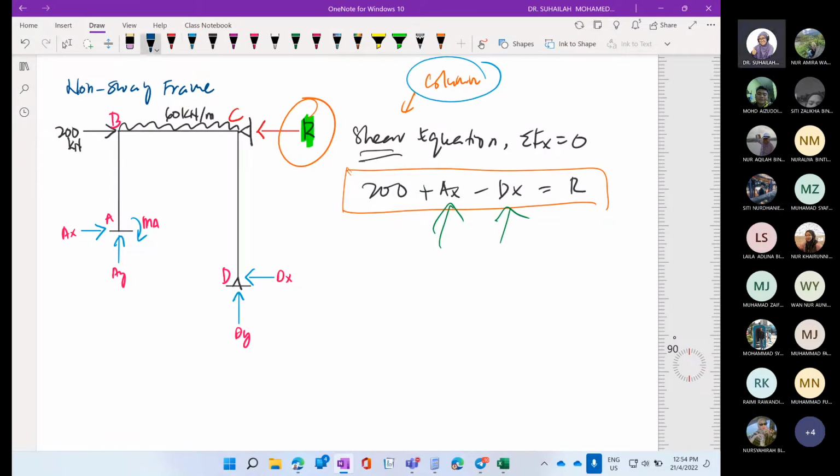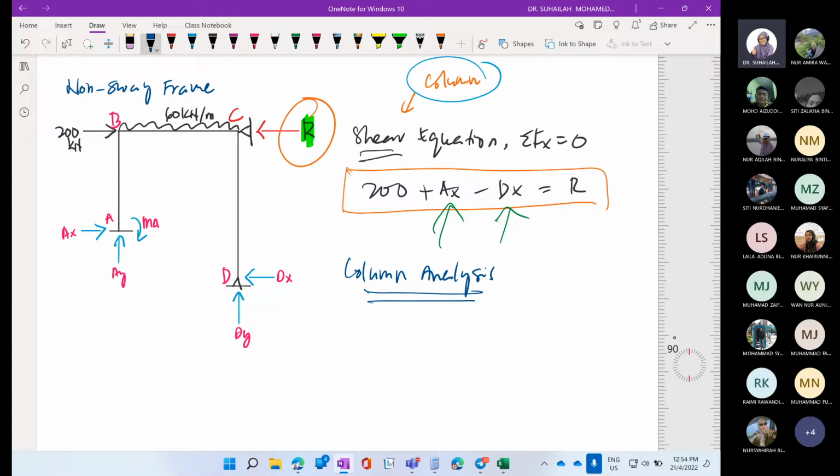To calculate AX and DX, we have to apply what we call column analysis. Column analysis is explained in chapter number 11. We have to analyze column AB and column CD separately.